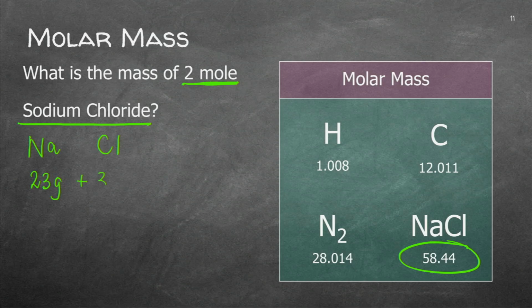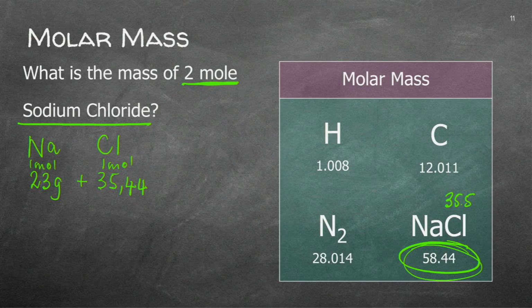And let's say this one is 35.44. You can also see in some of the periodic tables, it might be 35.5. But we're going to work with this 58.44. So I've got 1 mole of sodium, 23 grams, and 1 mole of chloride, 35.44.